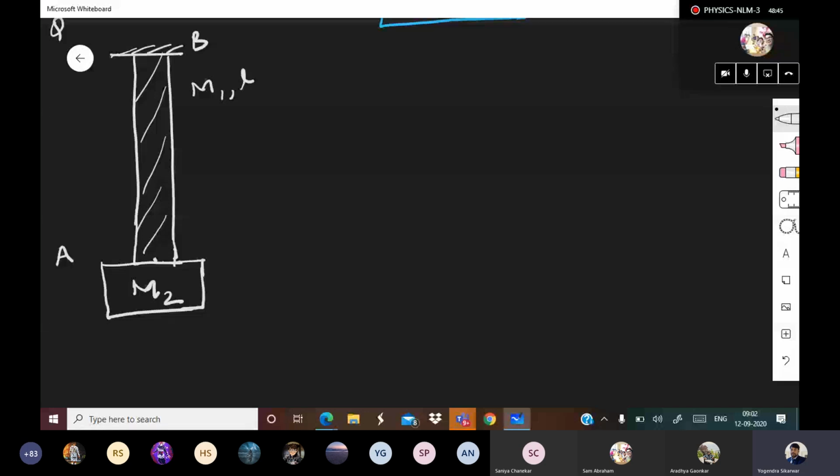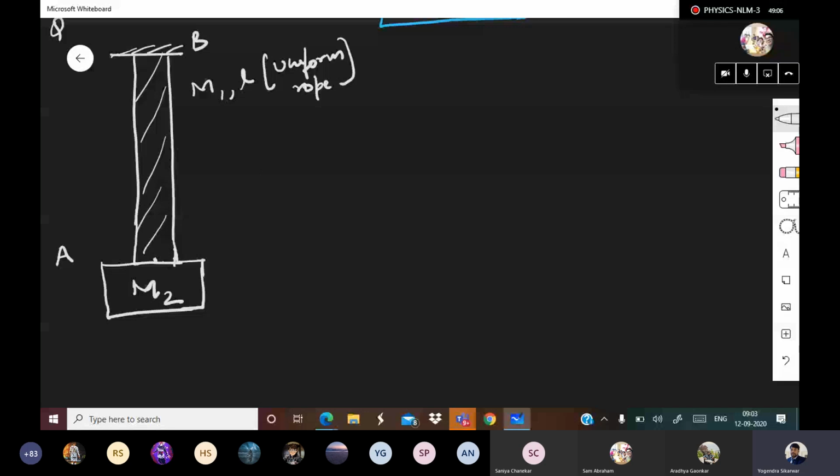So this is a uniform rope. The mass of the uniform rope is m1, length is L, and there is another mass m2 attached to the other end of the rope, or you can say end A of the rope.